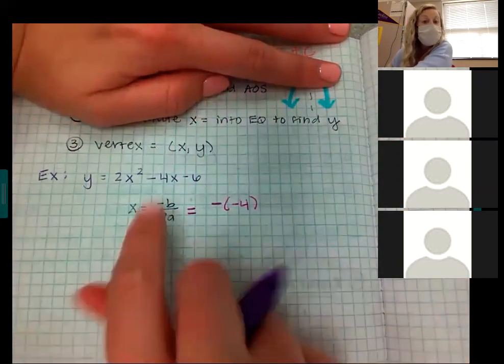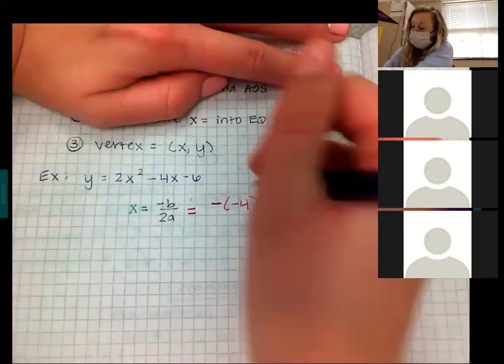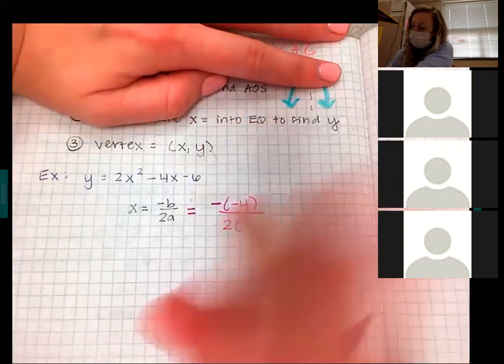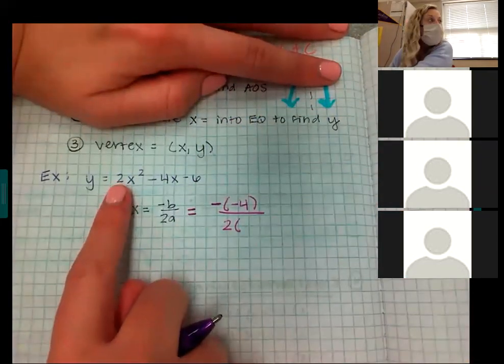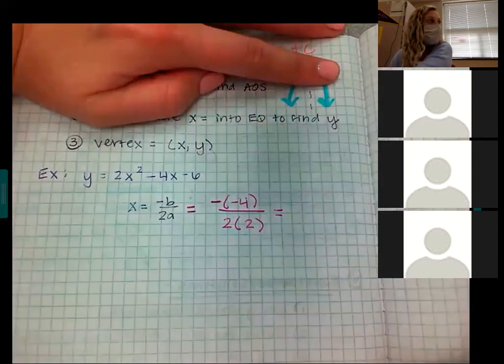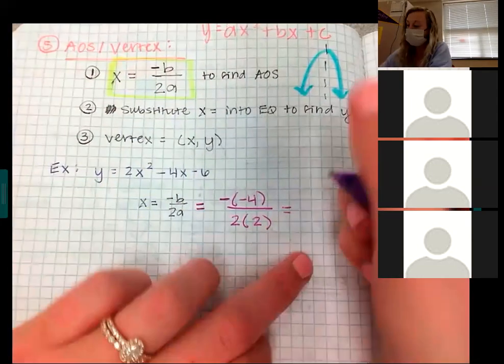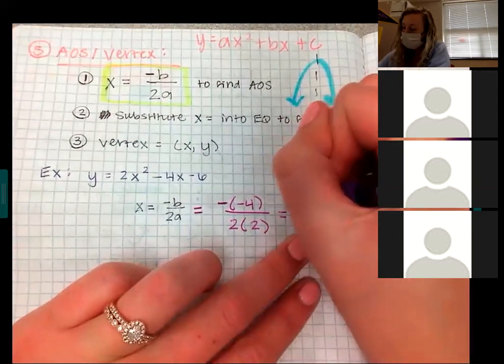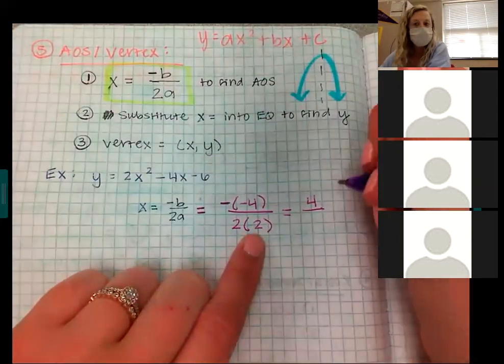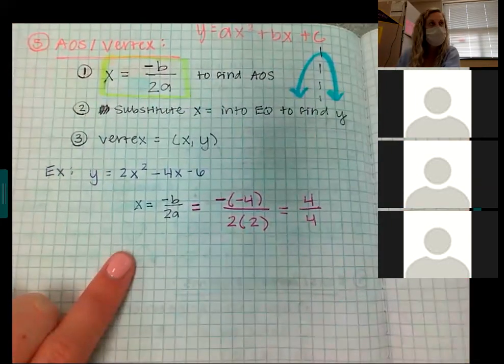We're putting the B into the equation, and it's -4, divided by 2 times the A value, which is 2. So -4 turns into a positive 4, and 2 times 2 on the bottom is 4. So what is my axis of symmetry?